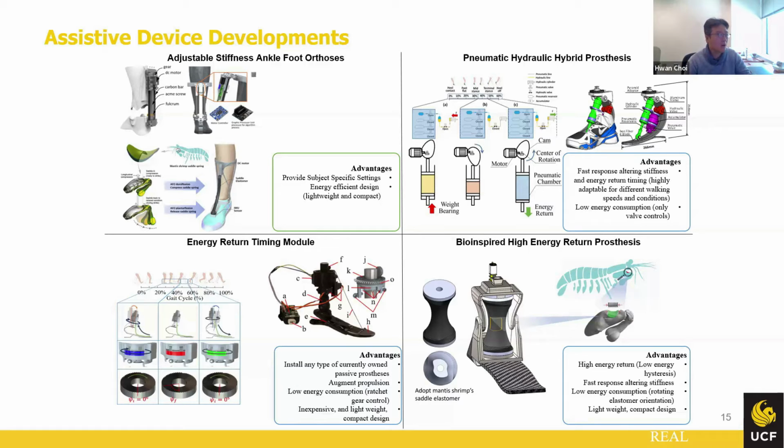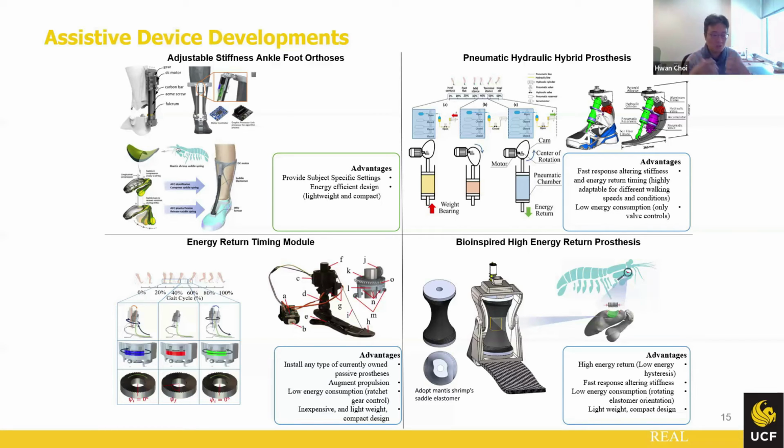And the bottom part is where we integrated the unique function of the mantis shrimp. The mantis shrimp is a sea creature, and it creates a huge amount of force with its appendages. The secret behind it is that they use a saddle spring that allows the mantis shrimp to store and return a huge amount of energy.